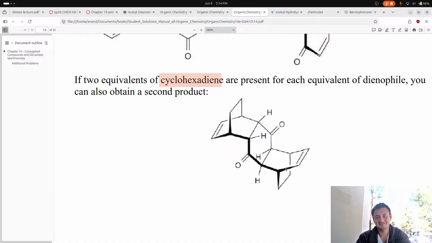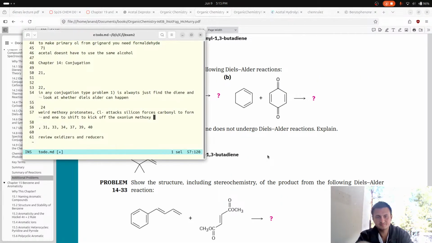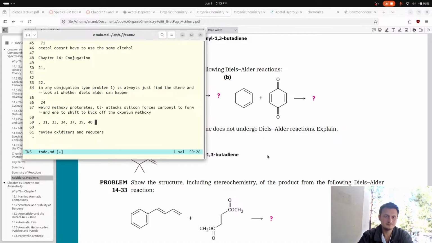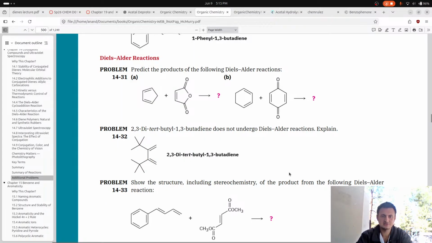What is that? I see that there's two mirrored bicyclic rings connected to one. That's actually pretty cool. Alright, so 31's not so bad.